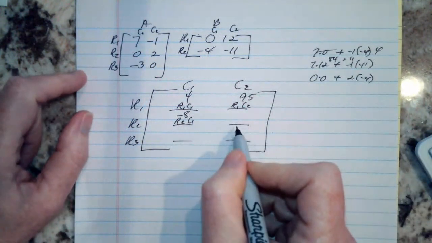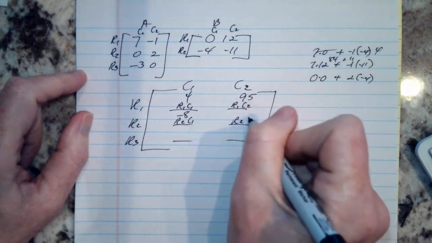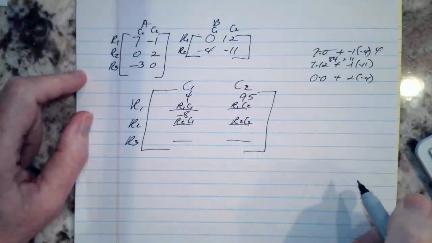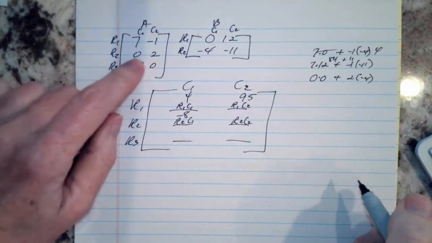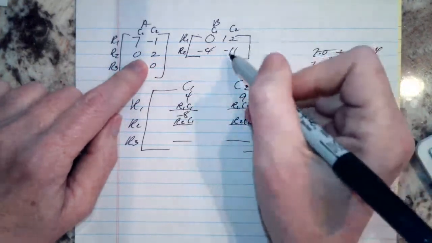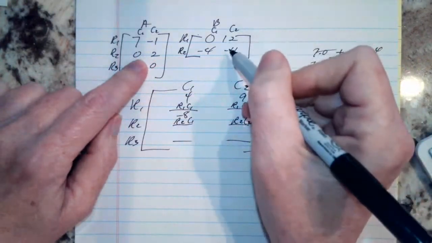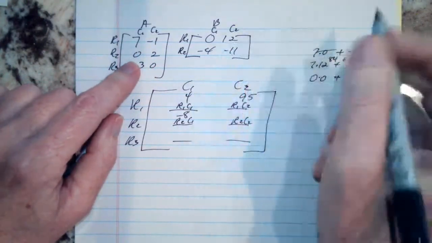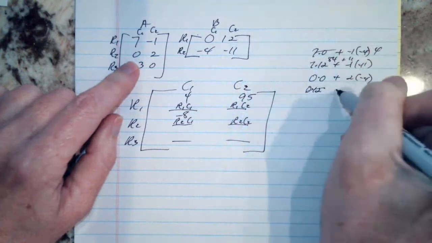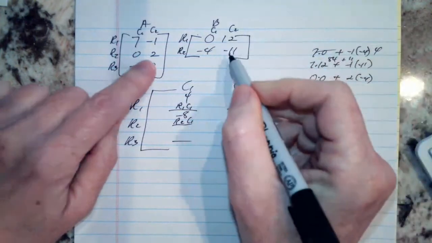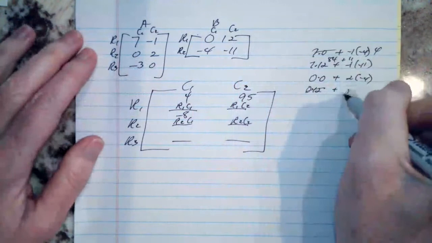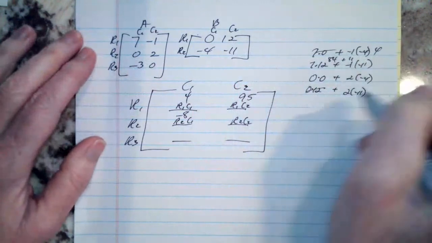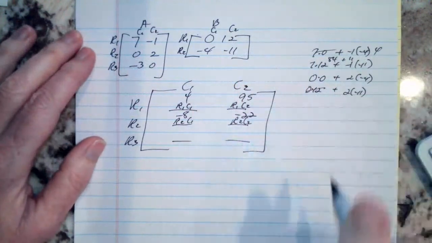How about here? So row 2 and column 2. 0 times 12, I'll just 0 out, and then scoot 2 times -11. So we get a -22 for that element.